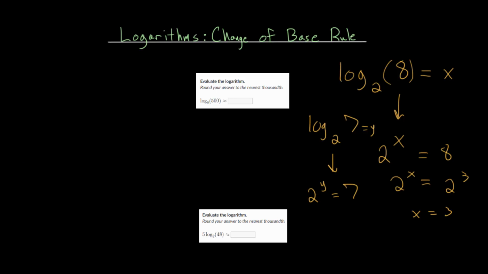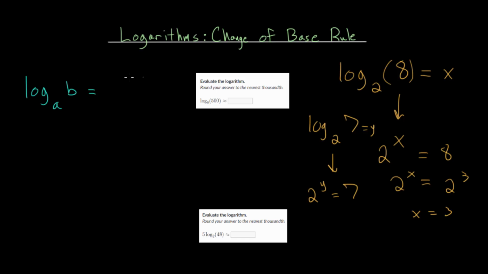So what is this change of base rule, and how does it apply to a problem like this? In this video, I'm not going to prove the change of base rule, I'm just going to show how it works. I'll write it abstractly first in its general notation. If we have log base a of b, we could rewrite this as a quotient of two logarithms, where we can change the base of these two logarithms to whatever we want, as long as it's the same in the top and the bottom.